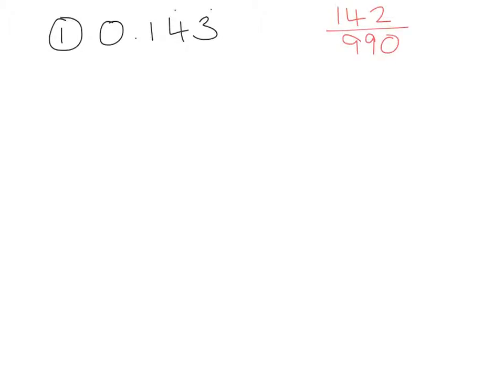If you want to try a couple by yourself, try this. So we've got 0.143 with those 2 dots, and I'll give the answers straight out so you can check if you're getting them correct. And then as a second one, try 0.78, the answer for which is 78 out of 99.